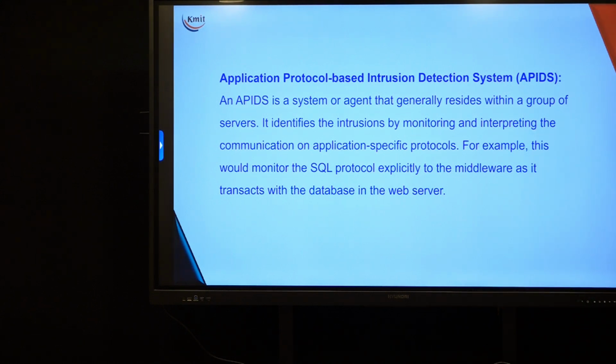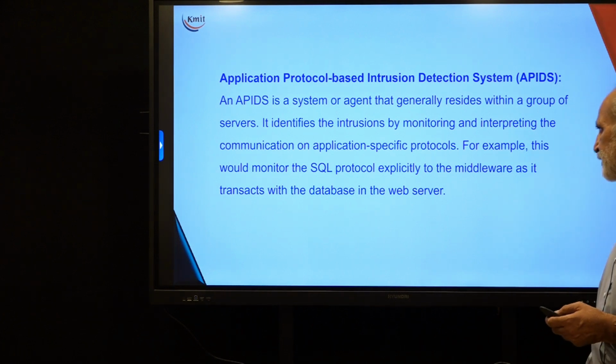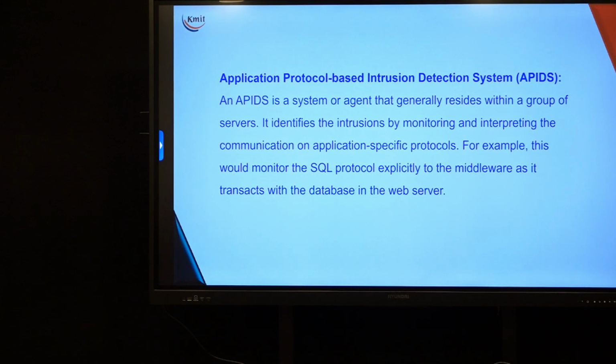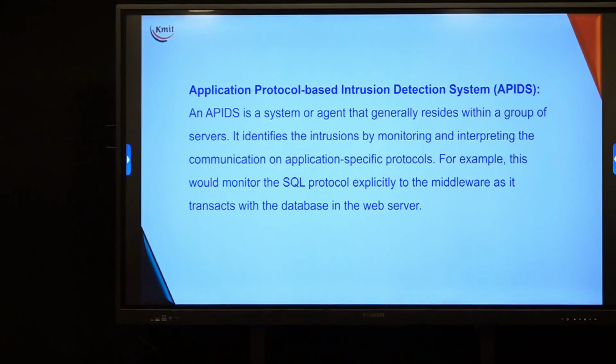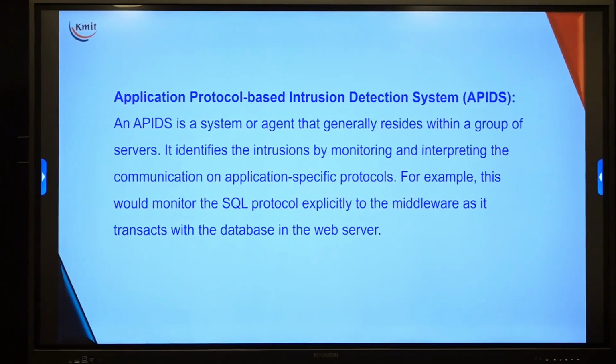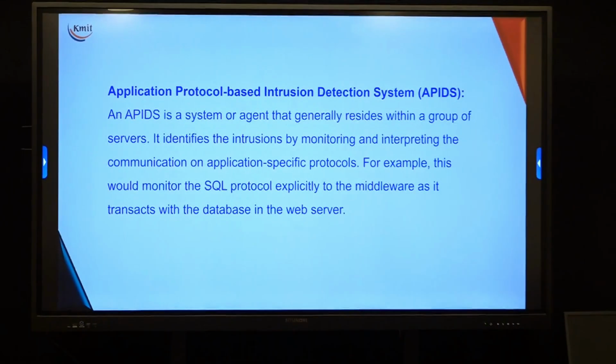For example, this would monitor the SQL protocol explicitly to the middleware as it transacts with the database in the web server. For example, in banking transactions, they have different kinds of servers, and all these servers are connected together, or one server is talking to another server using SQL. So this kind of IDS will be very useful.